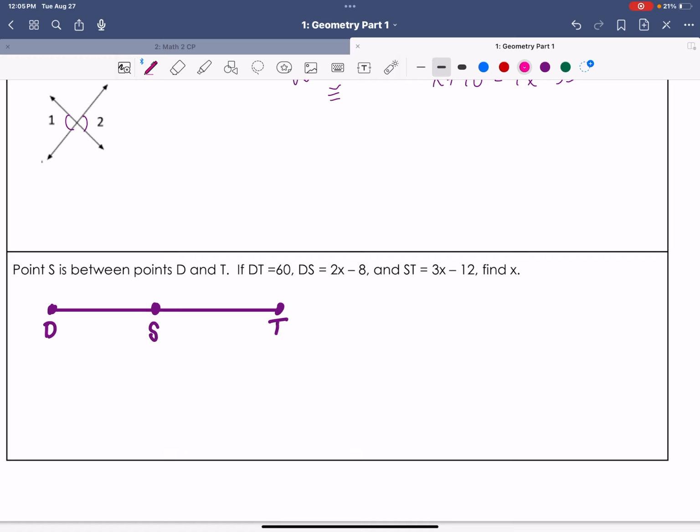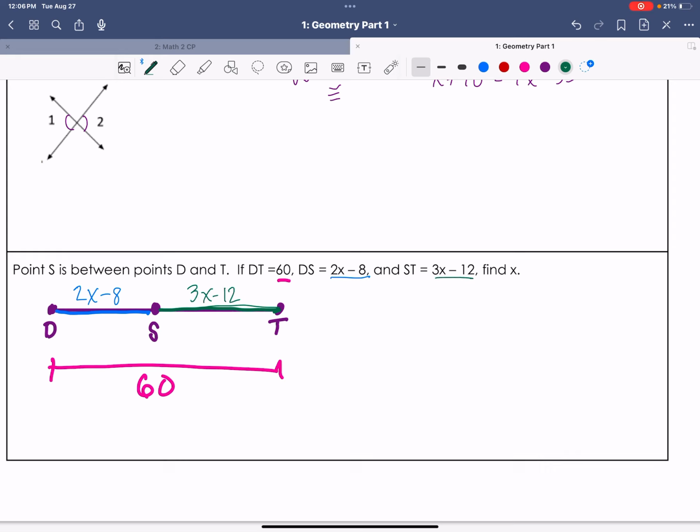So DT is the whole thing, and this whole thing is 60. DS, which is this part right here, is 2x minus 8. And then this part, I'll do green, ST is 3x minus 12.